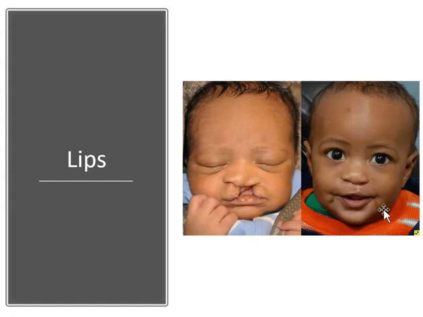Now, a little further down, under repair of the lips, we have repair codes. And notice that the codes are divided based upon which part of the lip was actually repaired.